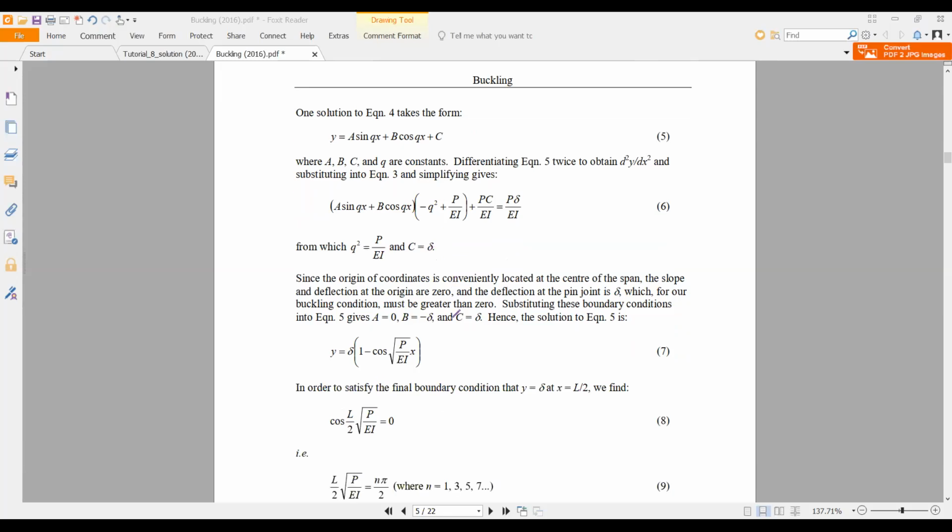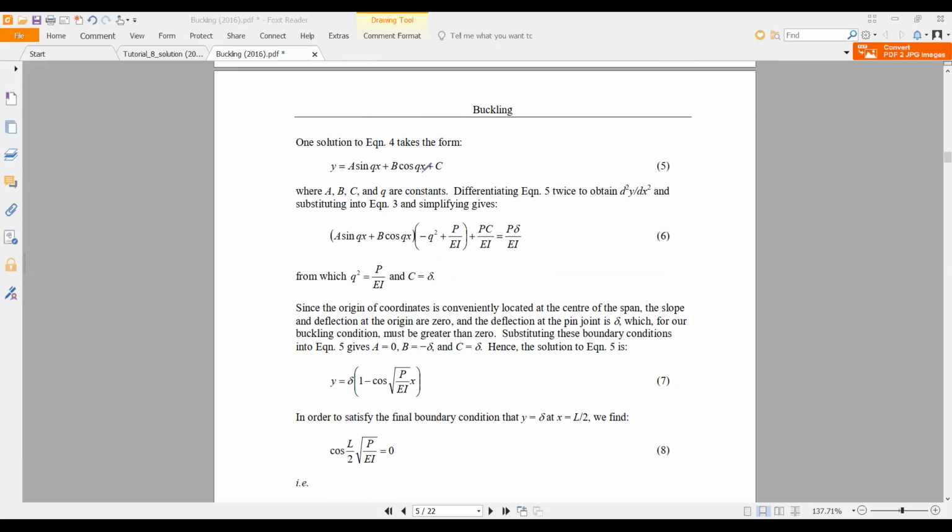Now we should use the boundary conditions, because there are 4 unknowns. Normally, if we have 2 unknowns, we should have 2 equations. If we have four unknowns, we should have 4 equations to get the values. But we already solved two unknowns, so now we only need 2 equations.